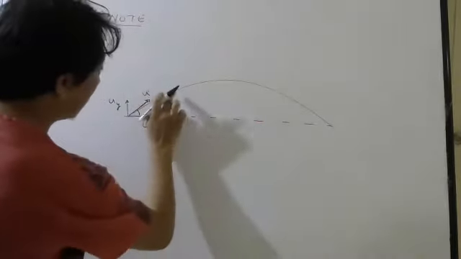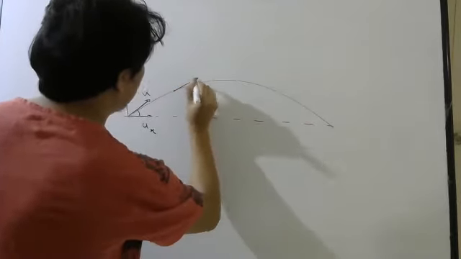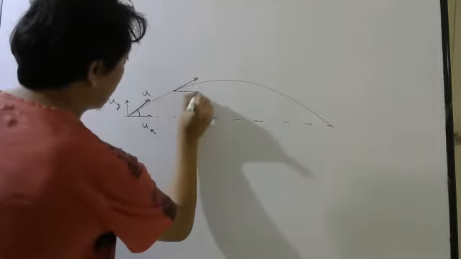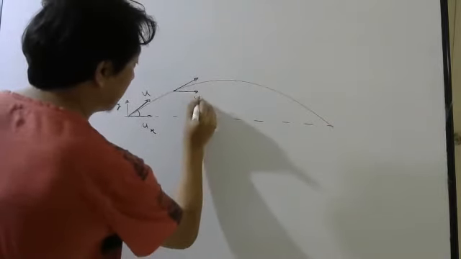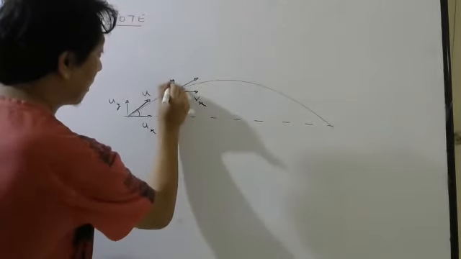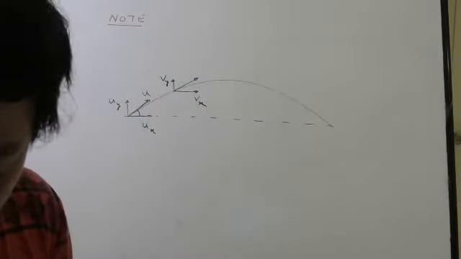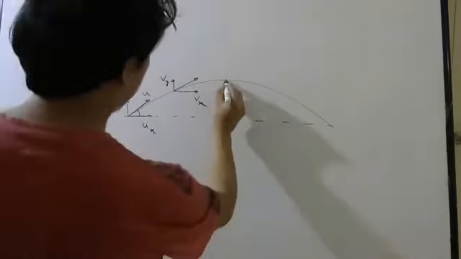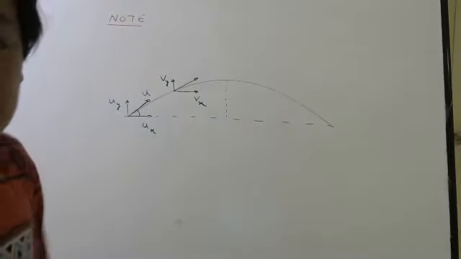See, look here. When the particle reaches here, if I draw tangent, this is the velocity. This is your x component. Let me write v, because it is after some time, no? And this is your y component. When it reaches the highest point here, how will your velocity be now?